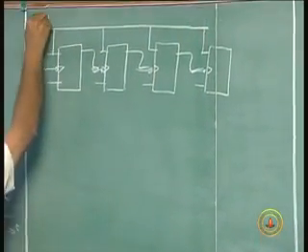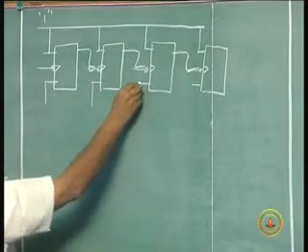All J inputs are tied to 1, all K inputs are tied to 1.